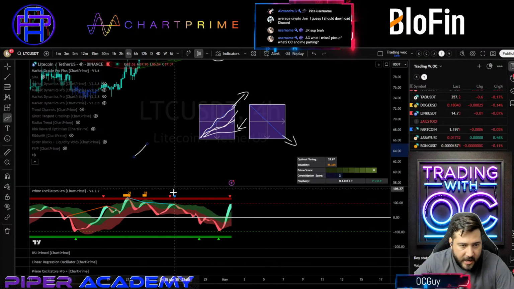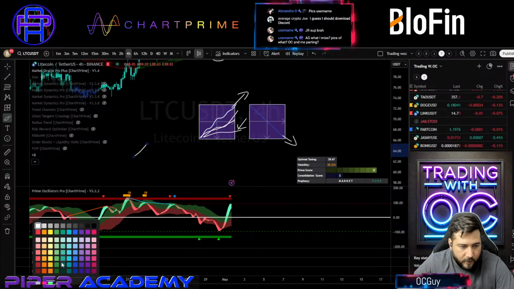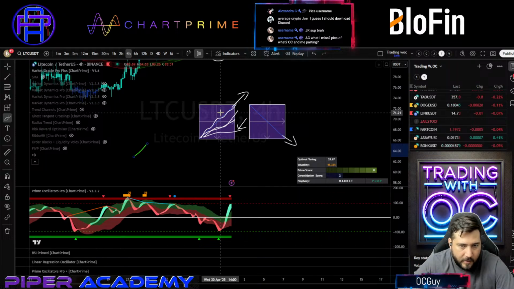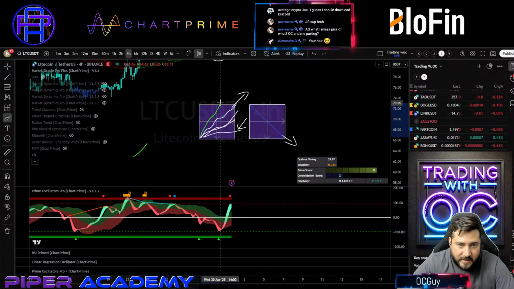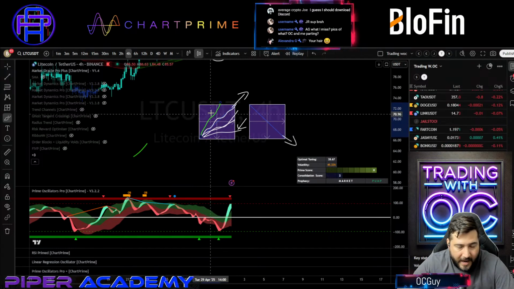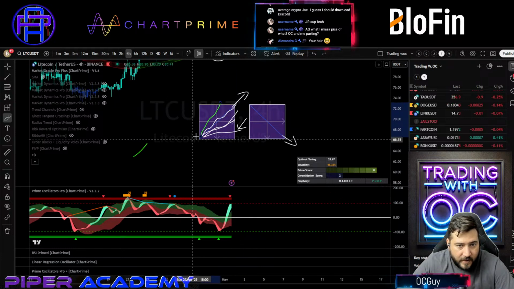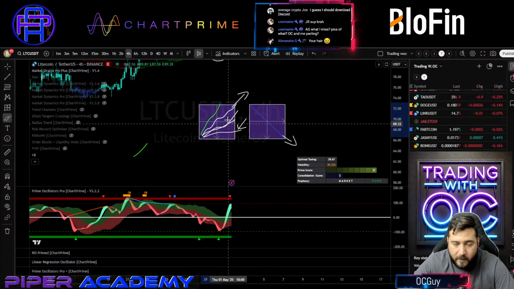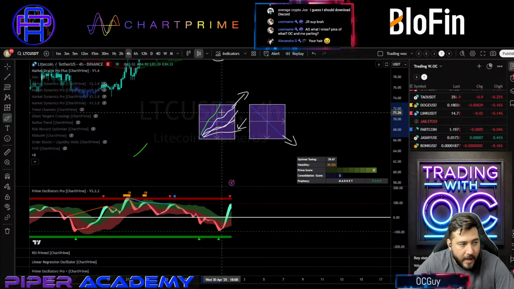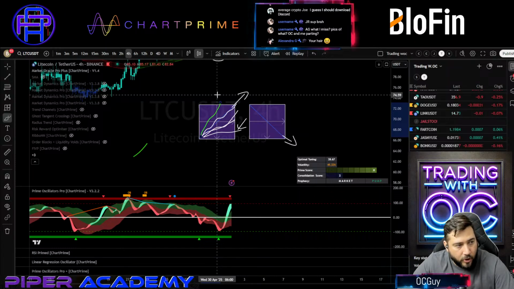Let me change the color of this just for good reference. Let's go for, I don't know, stream green, something like that. All right, perfect. If my oscillator, my ribbon, is above or highly above the 45-degree angle, I am not expecting a retest, or I'm expecting a one or two candle retest, very quick, very fast.